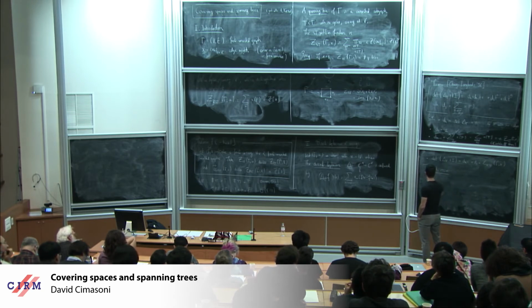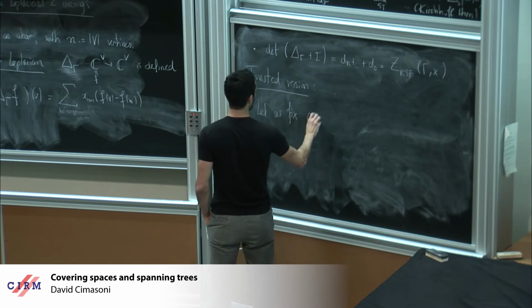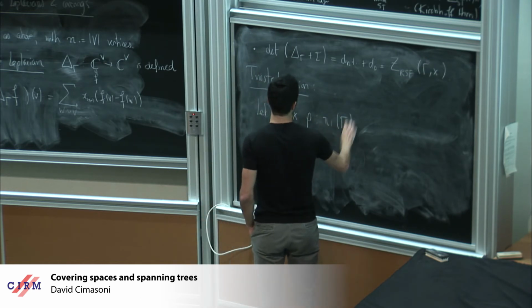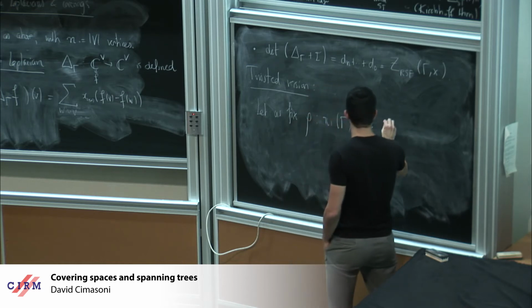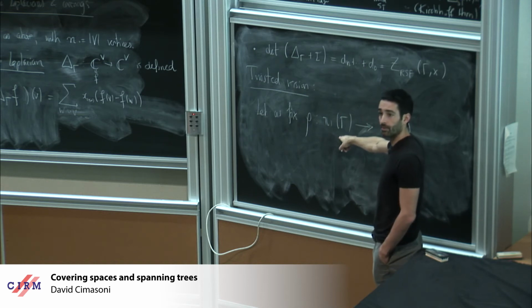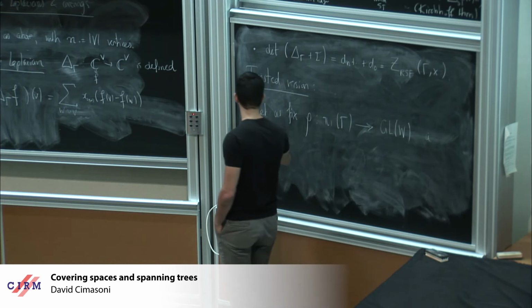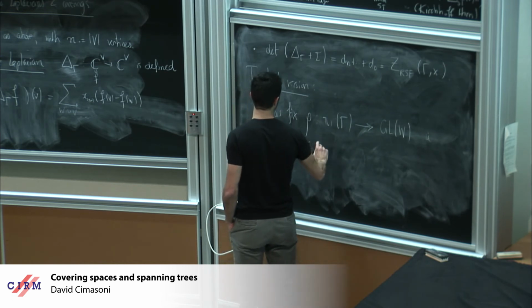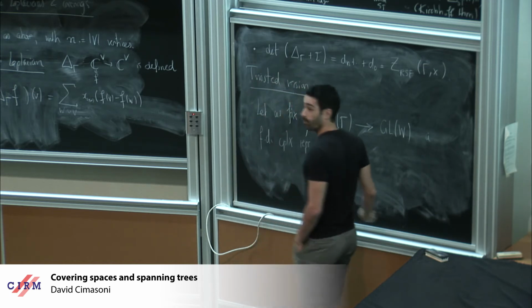Let us fix rho, which is a finite dimensional complex representation of the fundamental group of the graph.